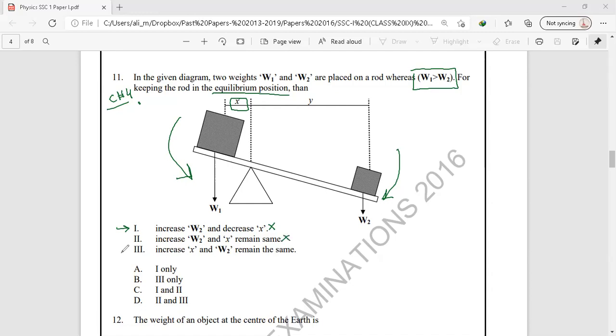Next, we have the third option, that is increasing X. Increasing X will increase the torque in the anti-clockwise direction while W2 remains the same, so there will be no change in the clockwise torque. So increasing the moment arm will increase the turning effect in the anti-clockwise direction. The correct option for question number 11 is the third one, option B.